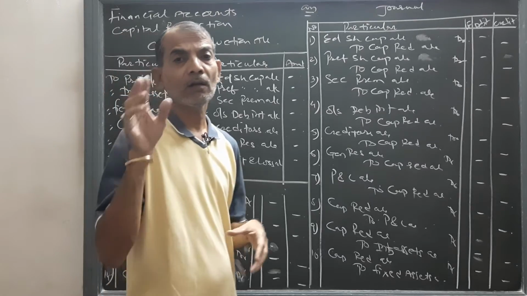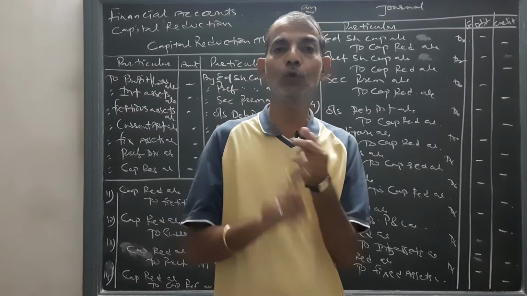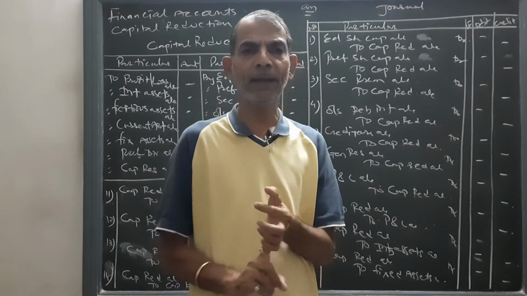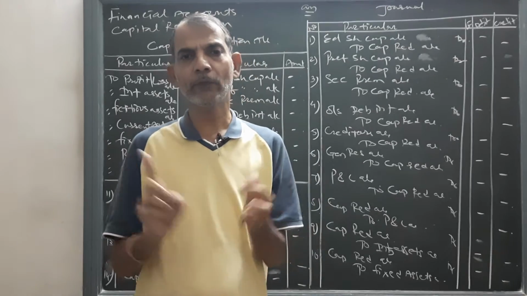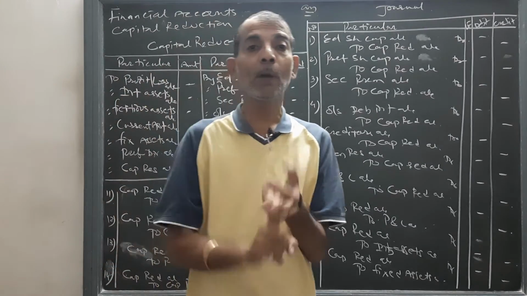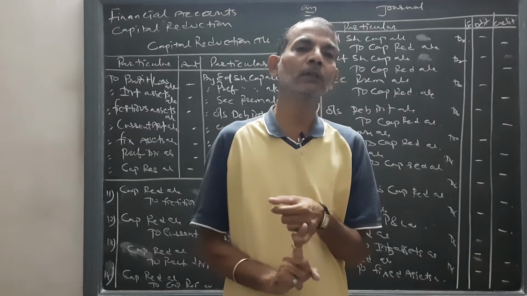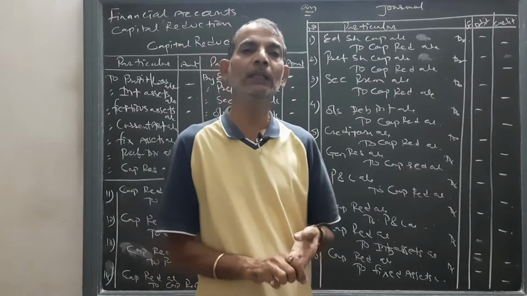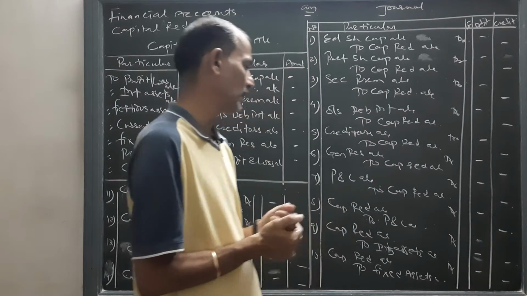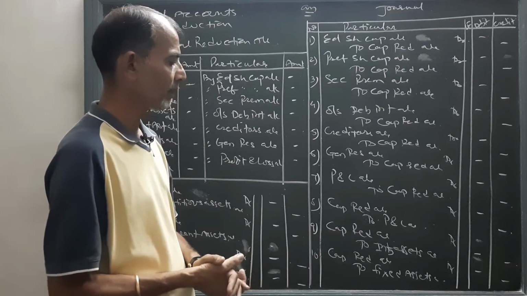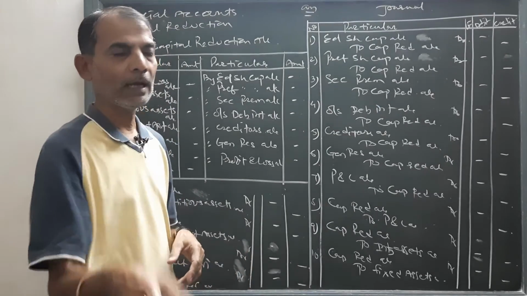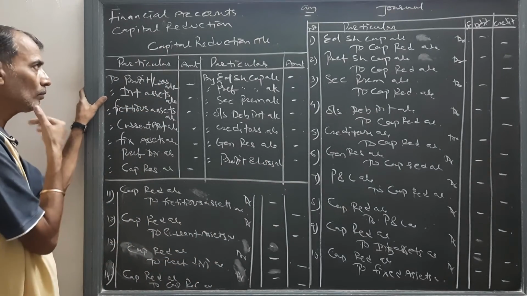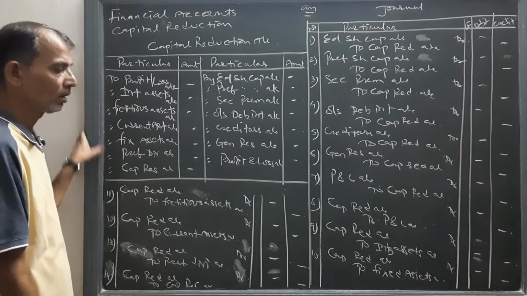Intangible assets are to be written off, like goodwill, copyright, trademark, patent, software, franchise. If some amount or the whole amount of any intangible asset is to be written off, then the entry is capital reduction account debit to intangible asset account, and that is written on the debit side of the capital reduction account.